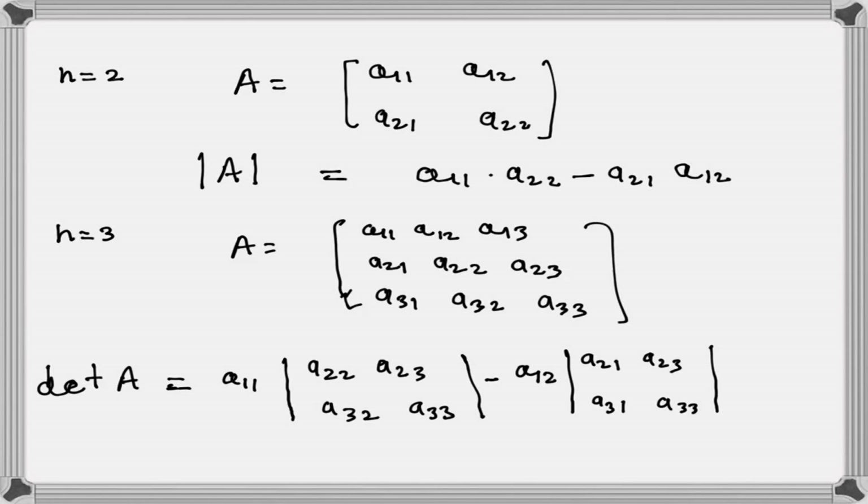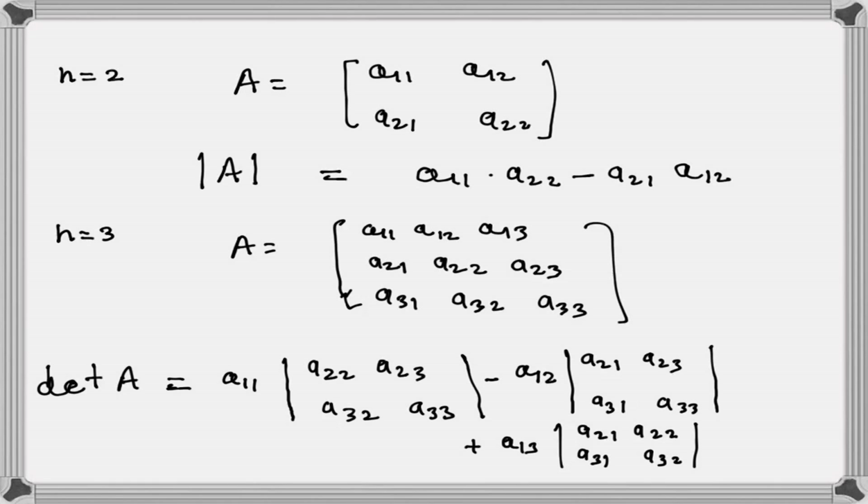Plus a13, the third one, and we delete the first row and the third column, and we get the submatrix a21, a22, a31, a32. So this is how we calculate the determinant of a 3 cross 3 matrix.